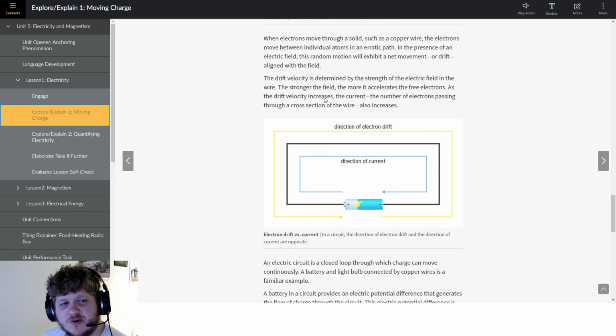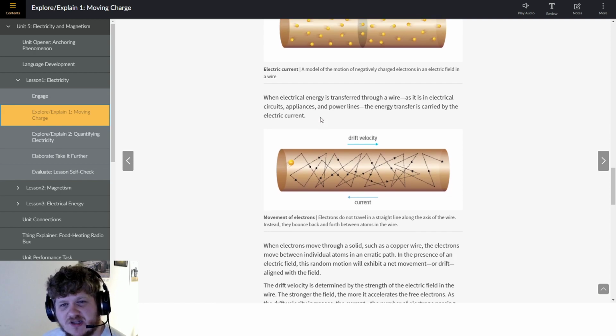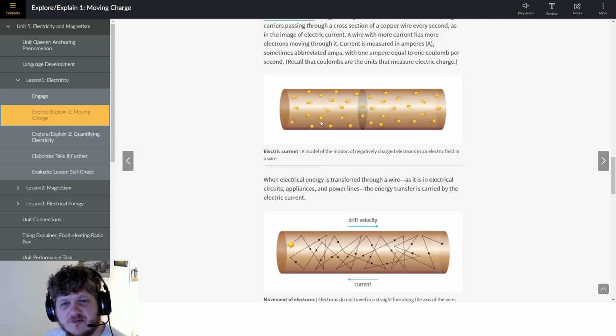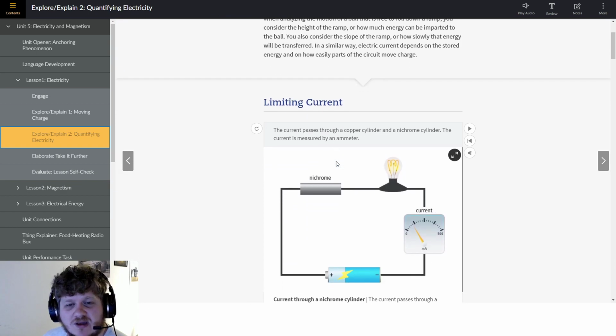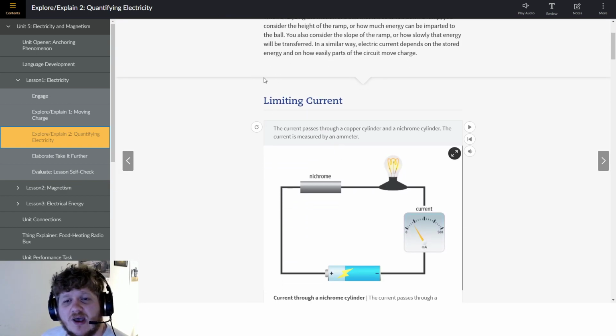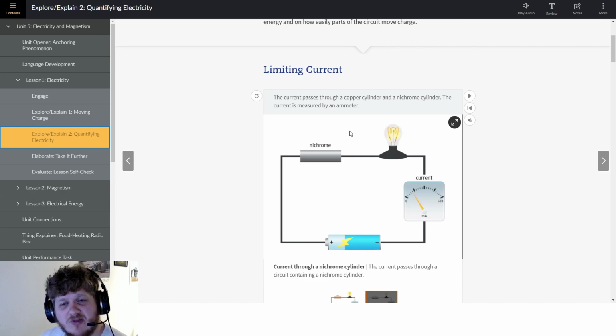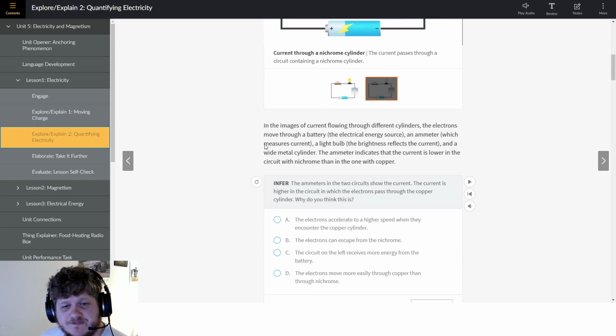And then after you investigate or read about how those moving charges create electricity and current and how resistance plays a role in it, you're going to go on to Explore Explain 2, which will be talking about how do you limit current. So how do you make light bulbs less bright, more bright, or anything like that.